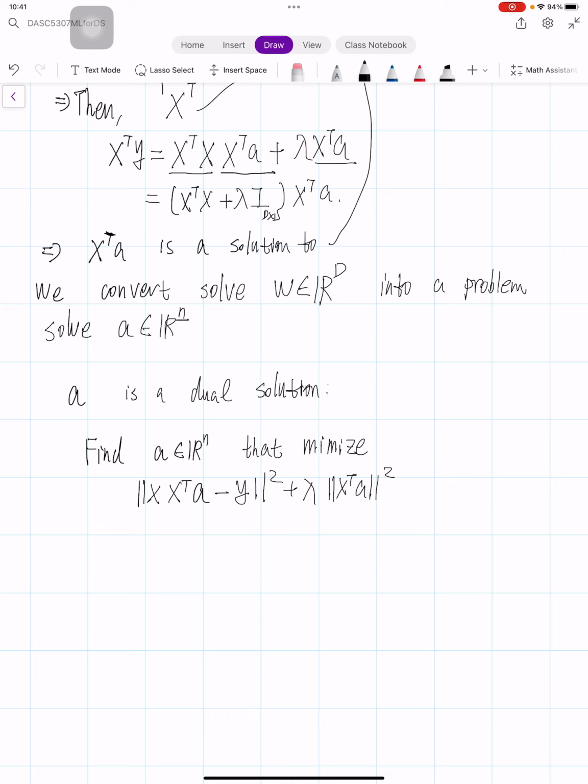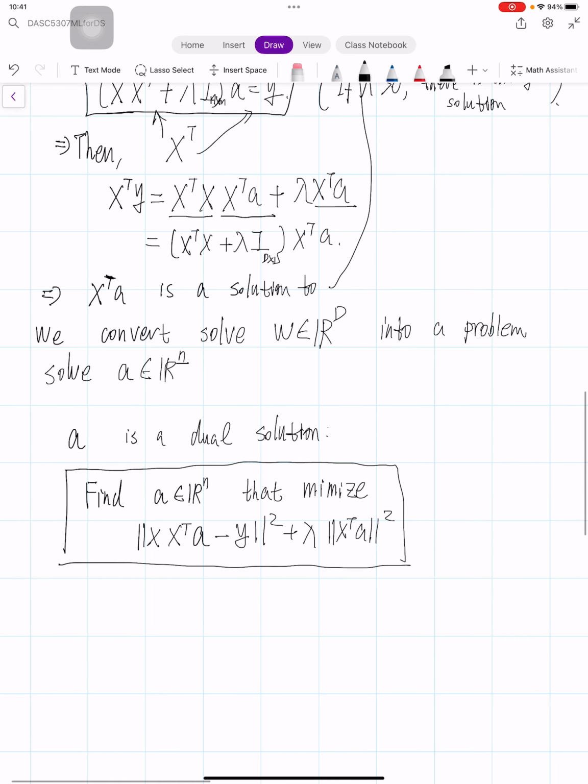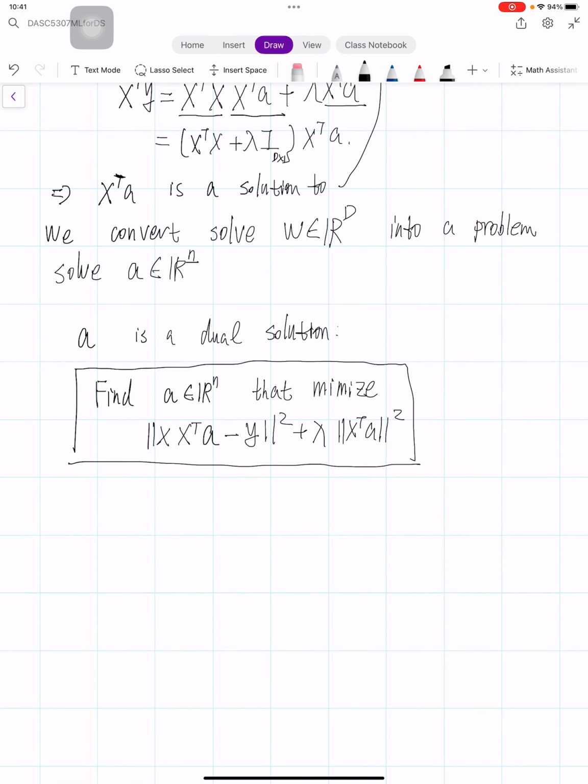Okay, so we convert a problem solving a capital D dimension minimization problem to a minimization over the small n problem. And once we solve A, we can just let W equal x transpose A.